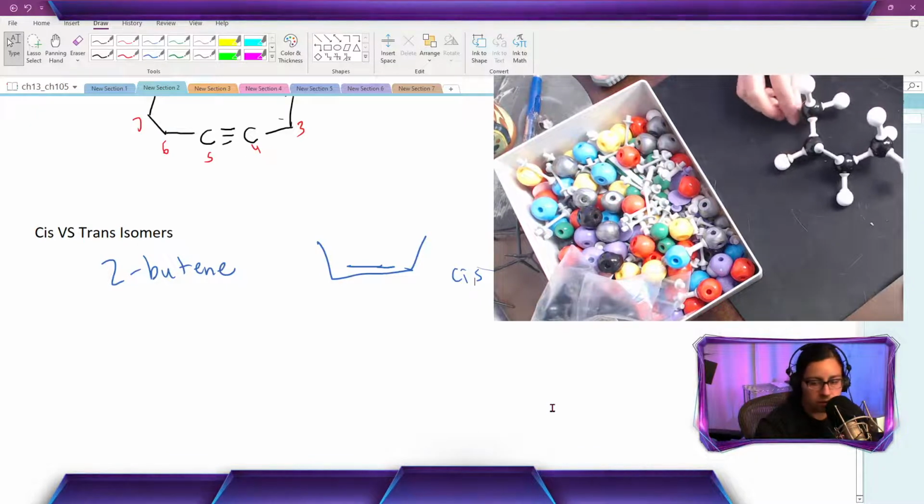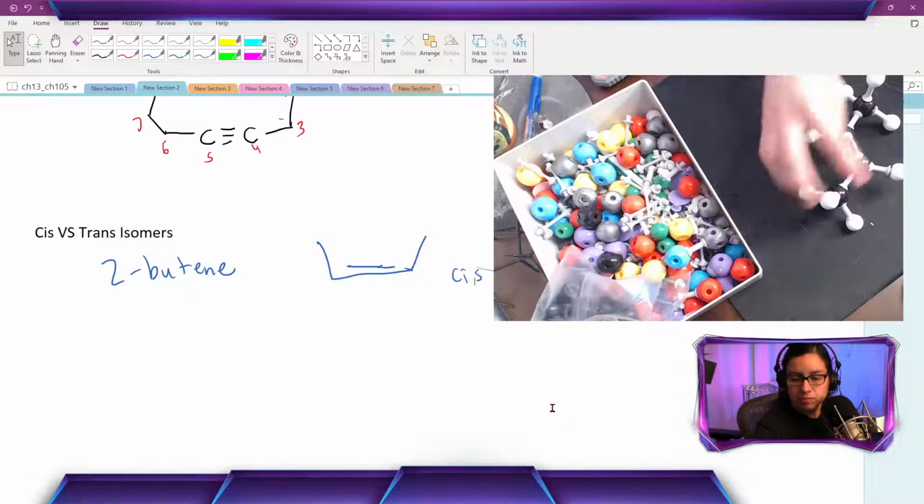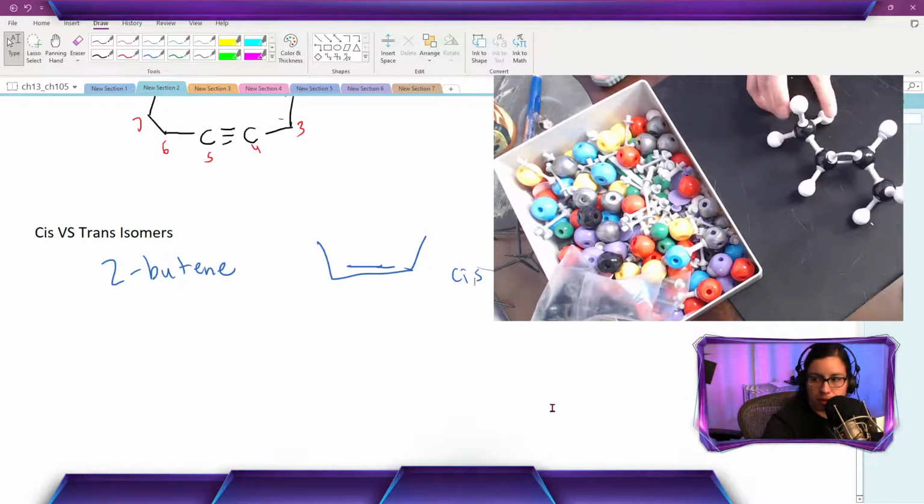And so what other way could we do it? What if I swap the position of the hydrogen and the methyl? So now I get something that looks more like this.